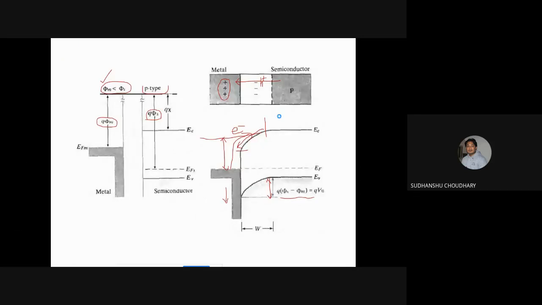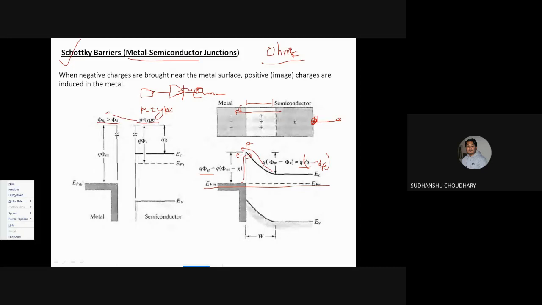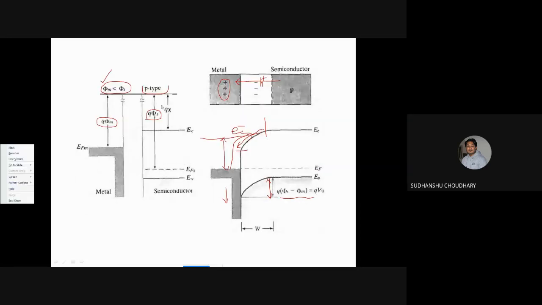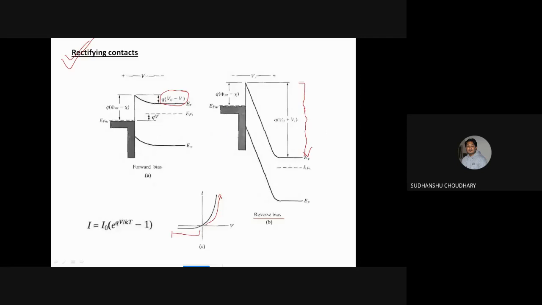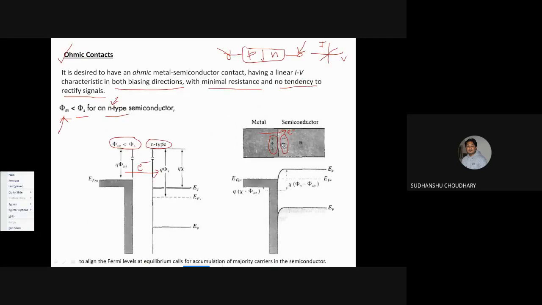So here also there was a depletion region, because majority carriers were depleted from the semiconductor side. Okay. But now in this case, the majority carriers are accumulating. Right? In N-type, majority carriers are electrons or negative charges, which are accumulating on the semiconductor side.